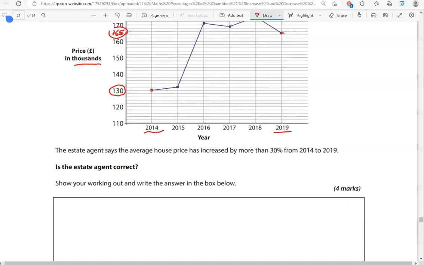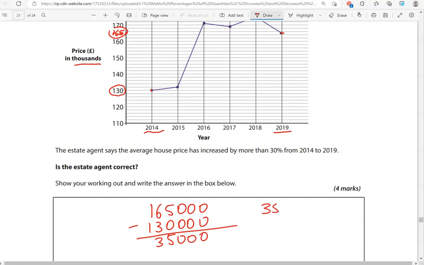So what we're going to do is 165,000 take away 130,000. So that gives us an increase by 35,000.